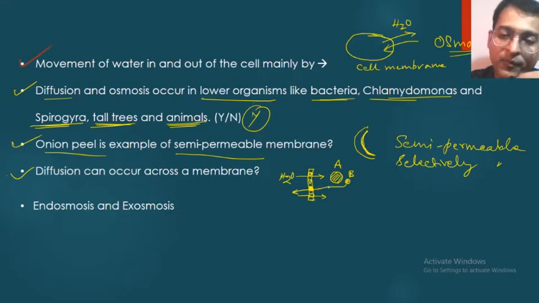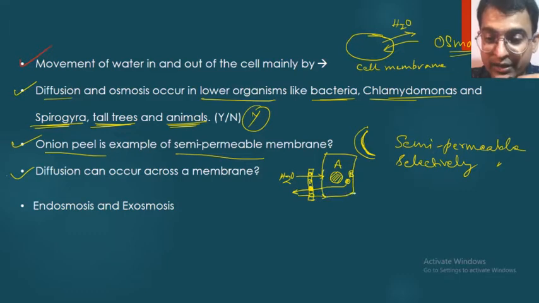So B is able to diffuse through this membrane. Got my point? But the process by which water goes to the direction where the concentration of the salt or sugar is high is osmosis.